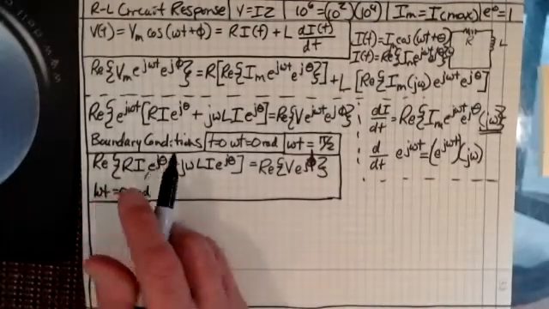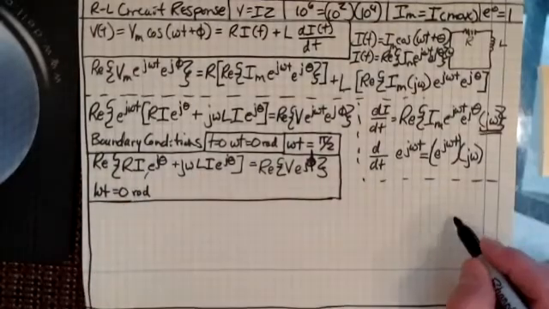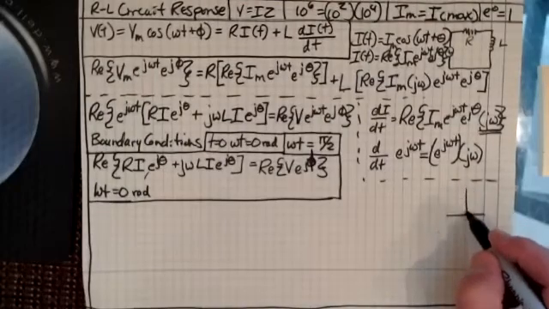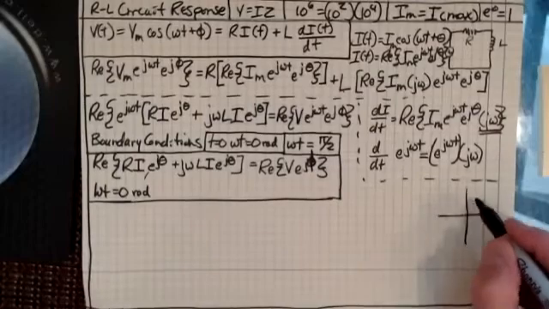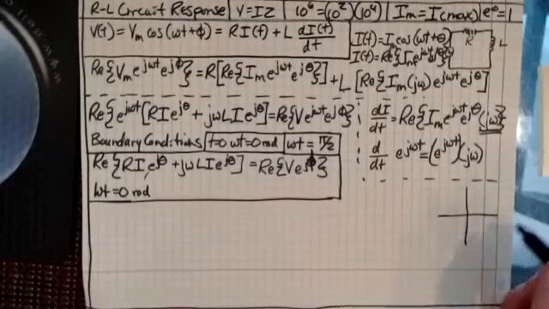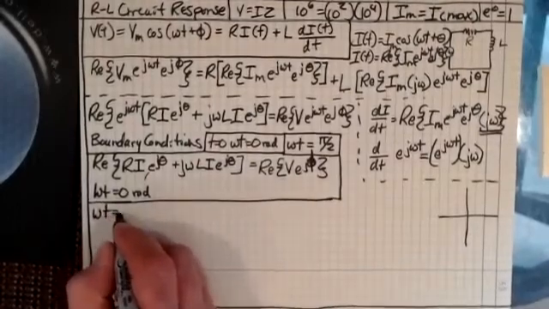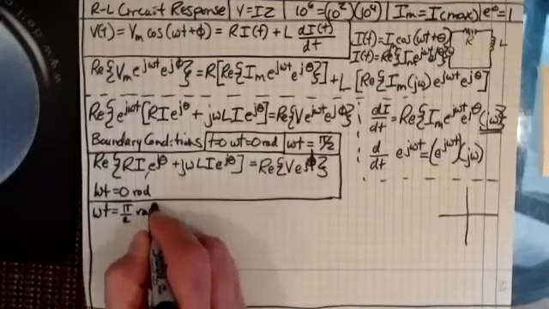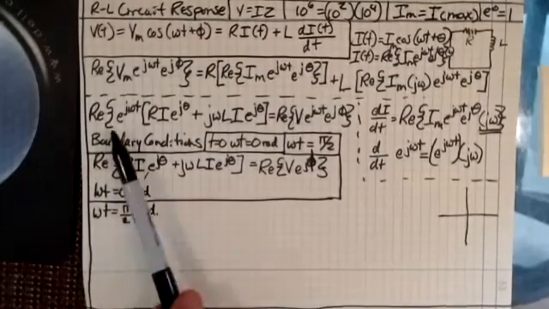And pi over 2 is 90 degrees, of course, right? And on the complex plane, let me just draw this complex plane here. Now, this is for omega t equals pi over 2 radians. Okay. Now let's just look at that.